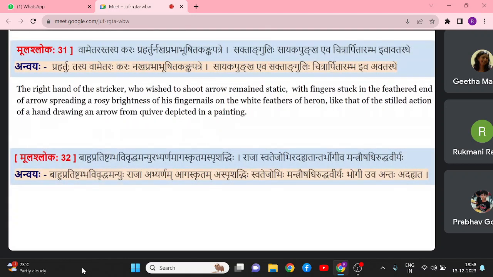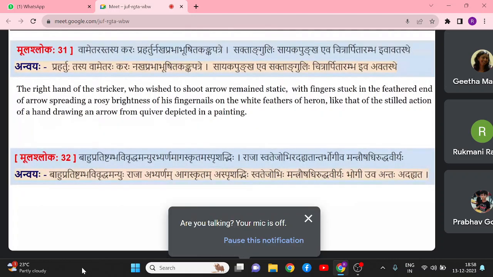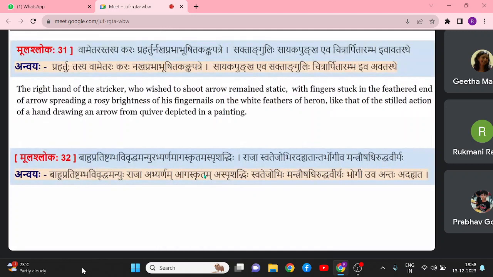Raja Dilipa, that means a person whose anger has been increased because of the constrainment of his arms, that kind of Raja. Abhyaranam means in the proximity, near, which is present right in front of him. What is that? Agaskritam. Agas means sin, aparadha.